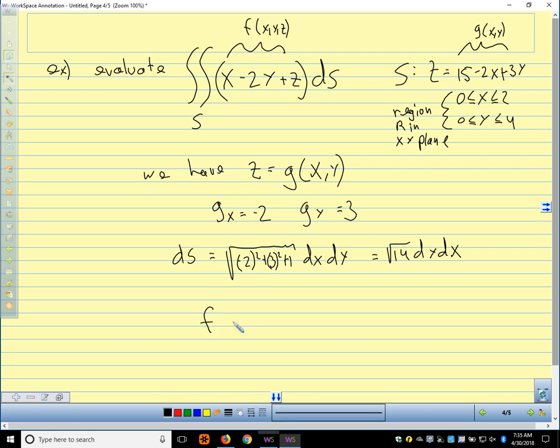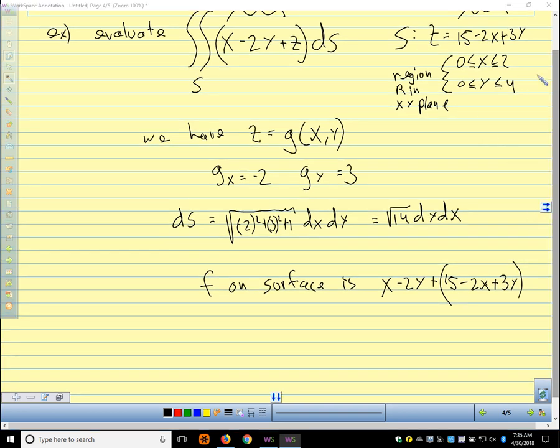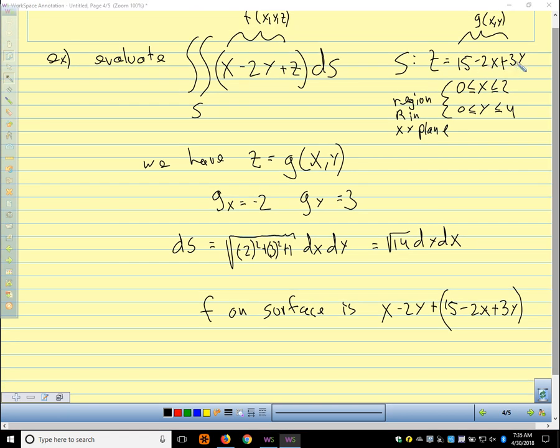So f on the surface is x minus 2y plus 15 minus 2x plus 3y. You just plug in z. It's okay to mix those two, g of x, y and f of x, y, z, because everywhere on the surface, z is 15 minus 2x plus 3y. So that's going to give us that function value just on the surface. When we simplify this, we get minus x plus y plus 15.